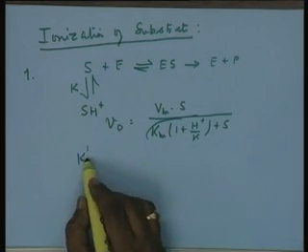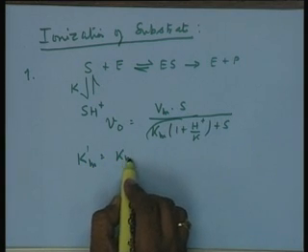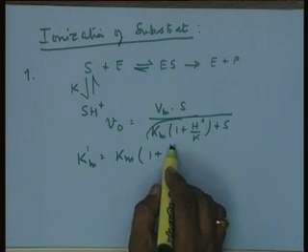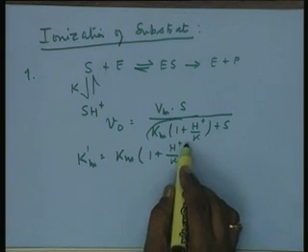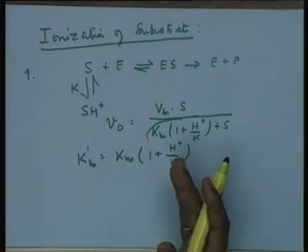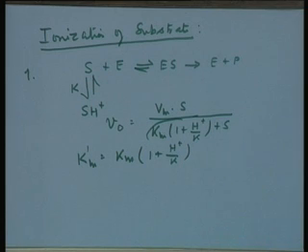The Km has been modified to the true Km into (1 plus H upon K), and the expression is analogous to that of competitive inhibition. That means the hydrogen ions act as a competitive inhibitor for the substrate.